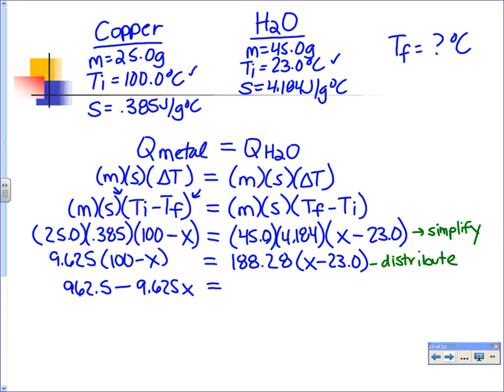Same thing over here. We'll have 188.28X minus 4,330.44. So now you can see it's getting a little bit easier to work through.